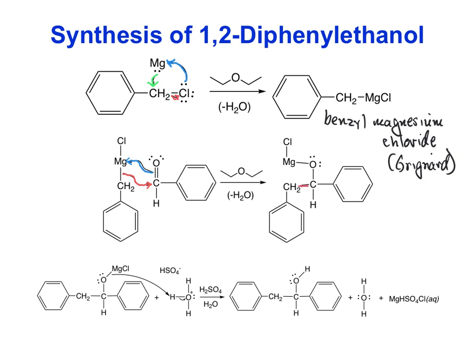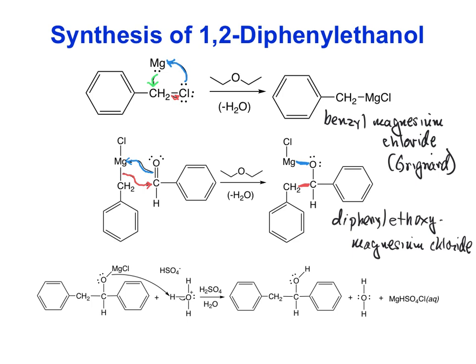That creates that new bond. The oxygen-magnesium bond is new. And so this becomes our diphenyl ethoxy magnesium chloride intermediate.